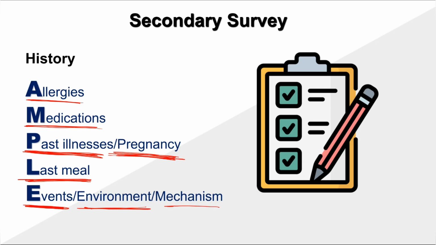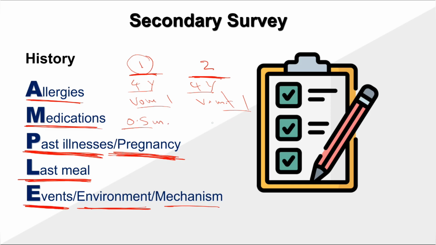I always say to my students, you have two children, child 1 and child 2. These 2 have injuries. The first one is age 4 years. The second one is also 4 years. They have vomiting 1 time. This patient also has vomiting 1 time. Everything is similar, but the mechanism of injury of the first one is that he fell to the ground from half a meter. The second one has fallen from a building, maybe 4 meters.